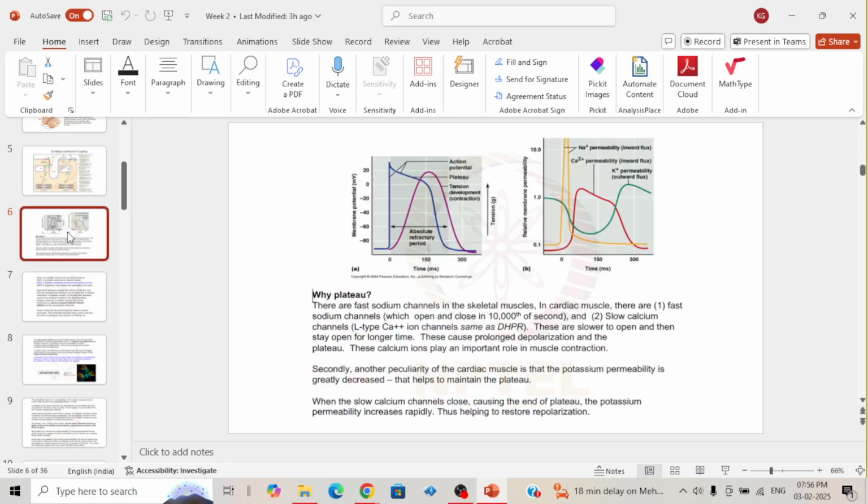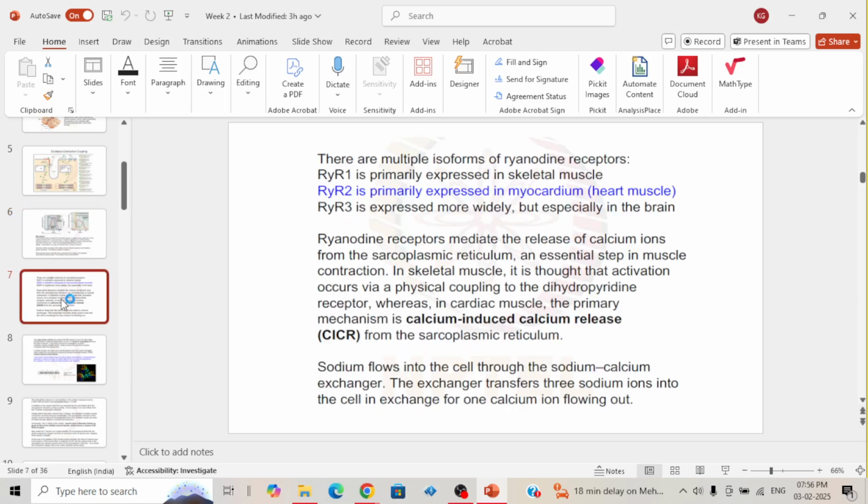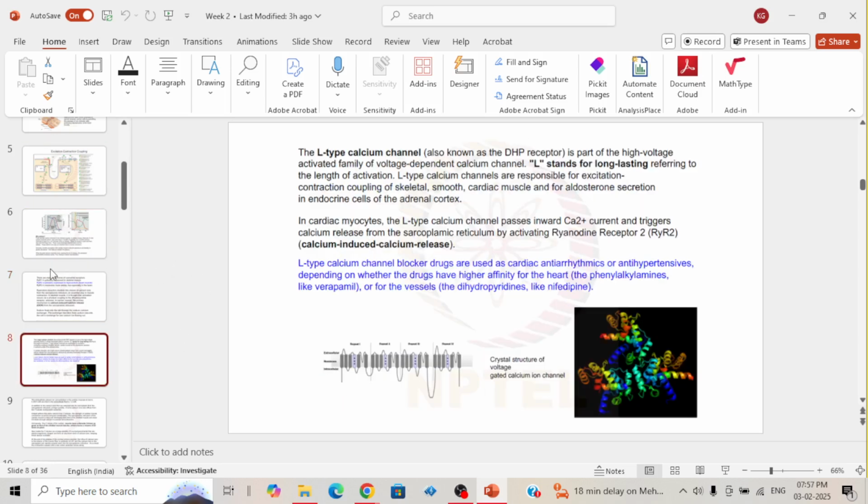Okay, one more thing that you must remember is the difference in the calcium ion concentration. There was no such thing we discussed in the skeletal muscles, but here in cardiac muscles we are discussing it because there is a huge difference between the calcium ion concentration across the cell membrane. That is nearly 1000 to 10,000 folds. On the inside, the calcium ion concentration is around 0.0001 millimolar, while outside it is 1.2 millimolar.